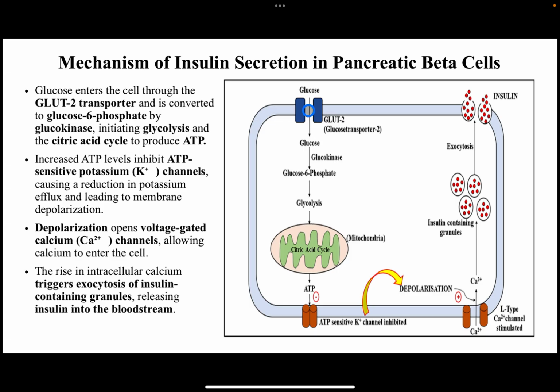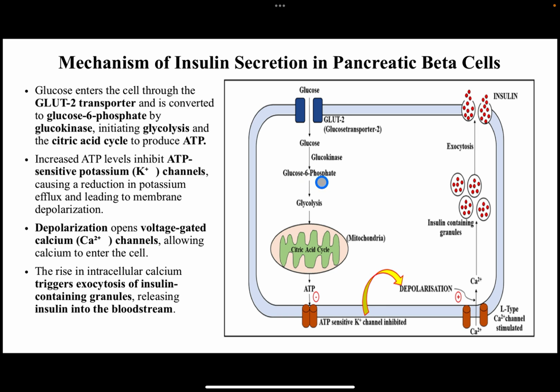Inside the beta cell, the glucose that has entered will be phosphorylated by an enzyme we call glucokinase. This enzyme will convert the glucose into glucose 6-phosphate.